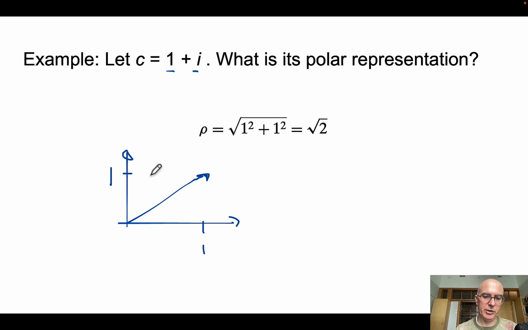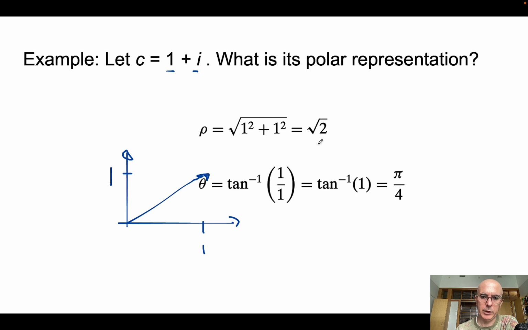So this is the imaginary part, and this is the vector that is identifying the complex number in the complex plane. At this point, we want to calculate the magnitude. This is very simple, right? The magnitude is going to be the square root of 1 squared plus 1 squared, that is equal to the square root of 2.